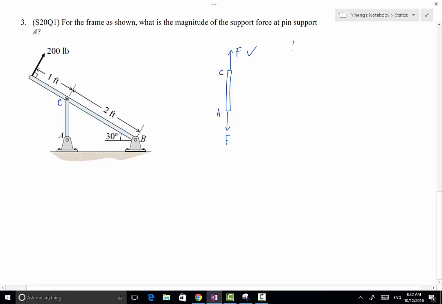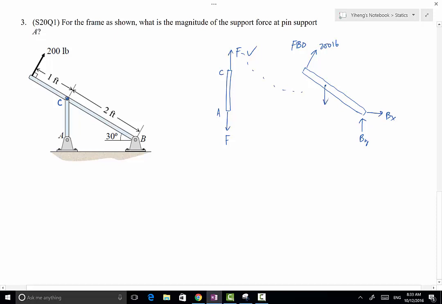Now, we draw the free body diagram of member BC. So again, we have our BX and BY. Again, this is the applied 200-pound force. Now, at this point, this force must be in action and reaction with this force.